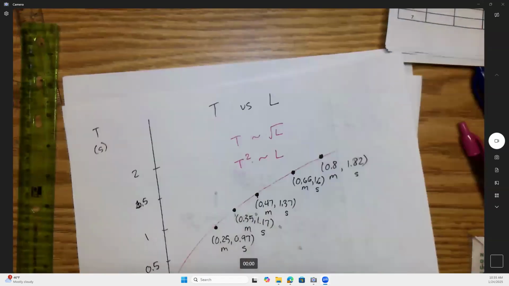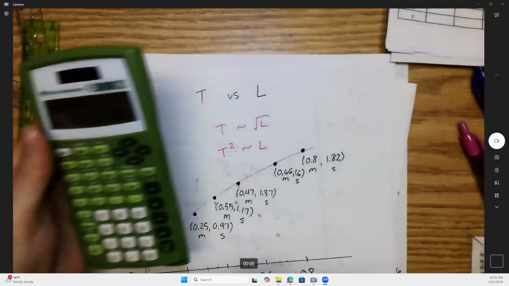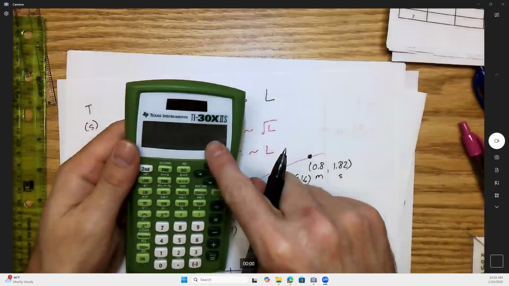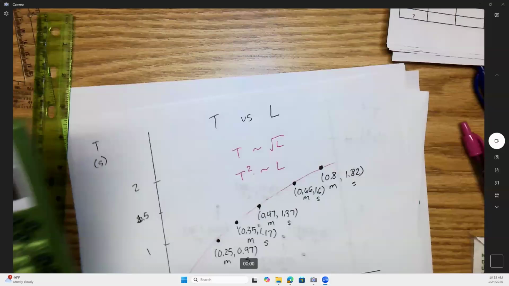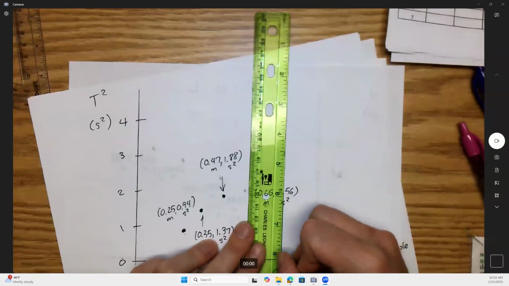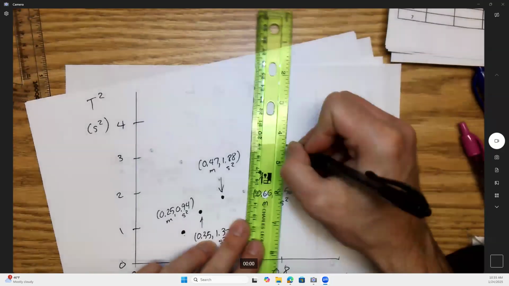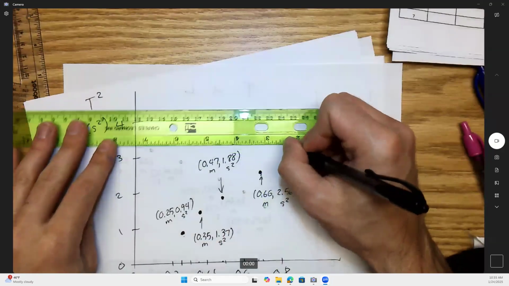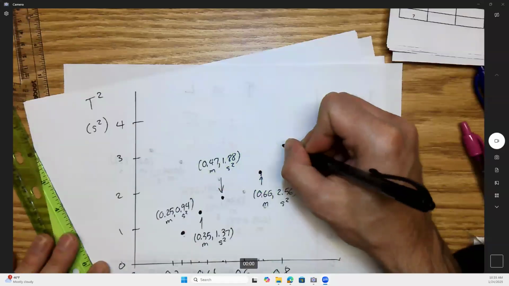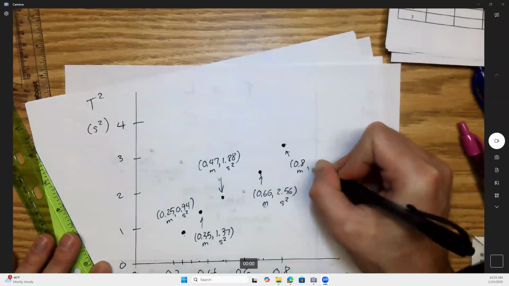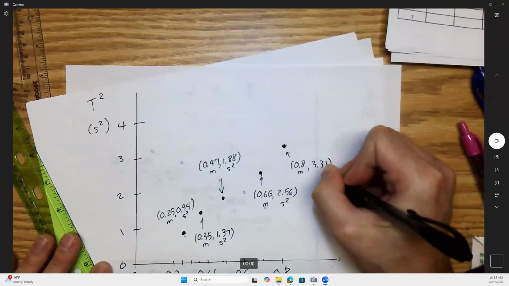And then at last point, 1.82 seconds. I'm going to square that time, get 3.31. That corresponds to 0.8 meters length. 0.8 meters and 3.31. Well, here's 3. It's right about there. 0.8 meters, 3.31 square seconds.